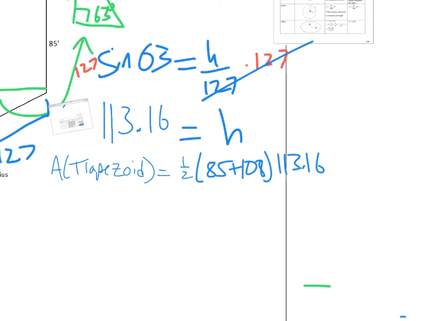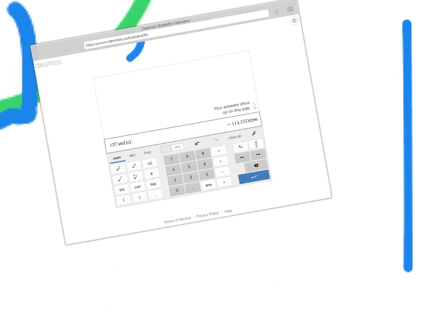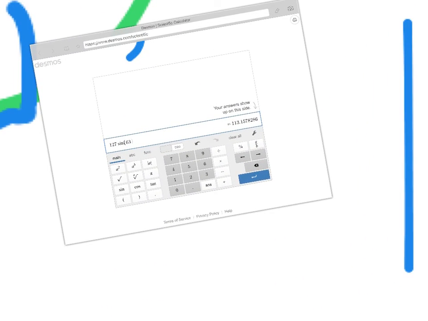Great. So that's the area of the trapezoid. Let's go back to our calculator, and we can figure that out. I already have a 113 number in there. I'm just going to leave that in there. I'm going to go times.